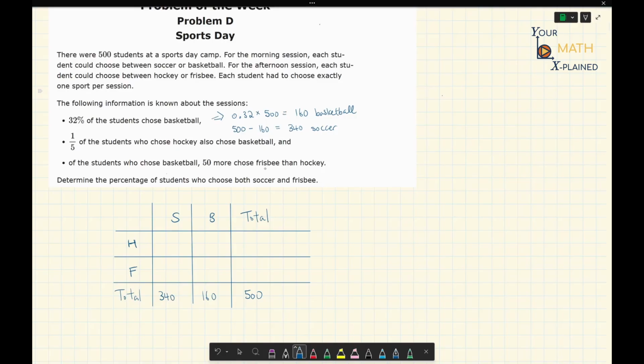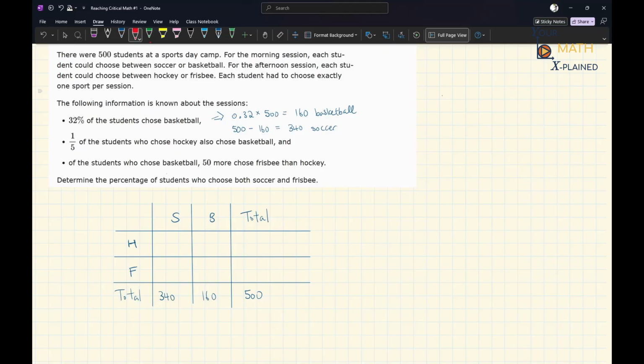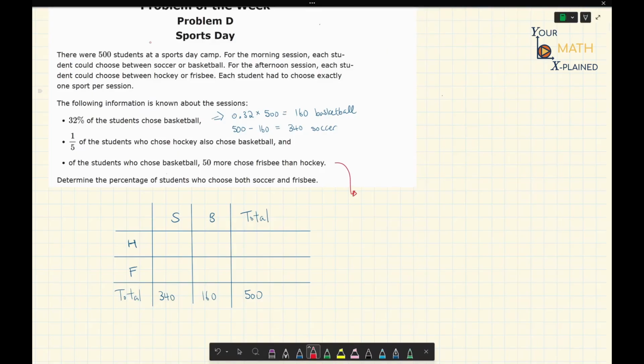And now I think I've set myself up for some calculations to update my table as I find more info. I'm drawn to the third bullet point right now, where they tell me there are 50 more students that chose frisbee than hockey within the people that chose basketball. So what that tells me right now is that I can set up an equation.